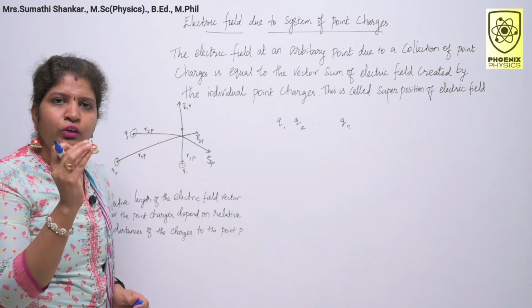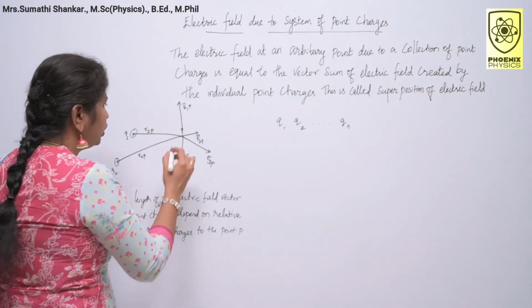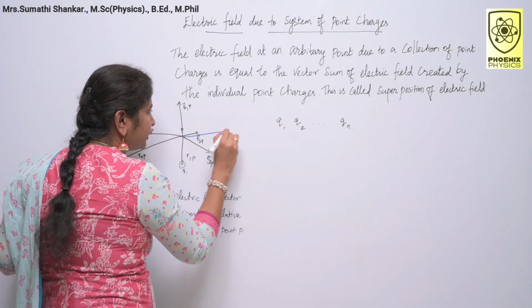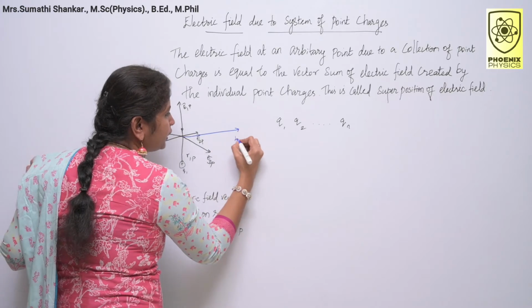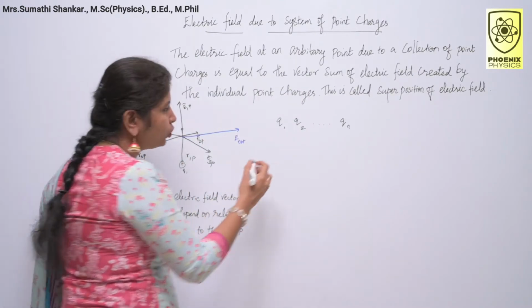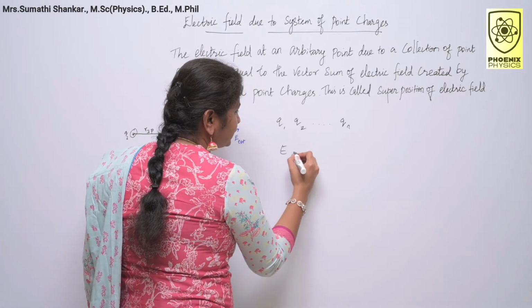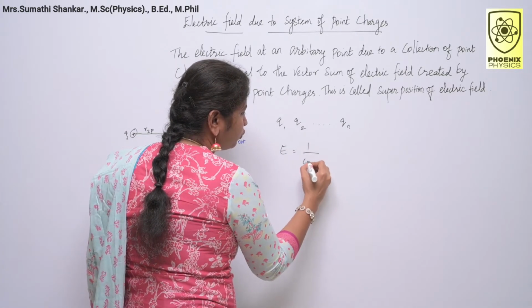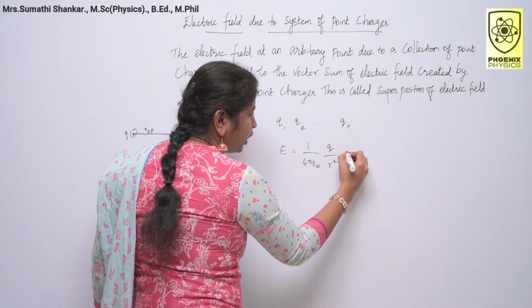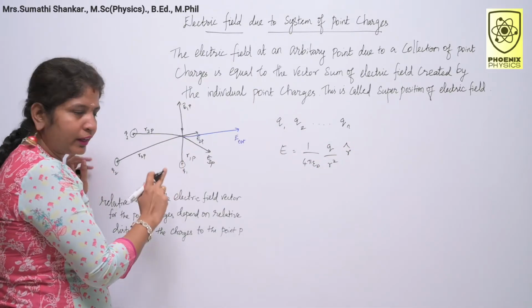Then how do you calculate the total electric field? The total electric field at that point P is like this. This is my E total. How do you get this total electric field? You know the electric field formula, that is E is equal to 1 by 4 pi epsilon naught Q by R square R vector. Look at the diagram.